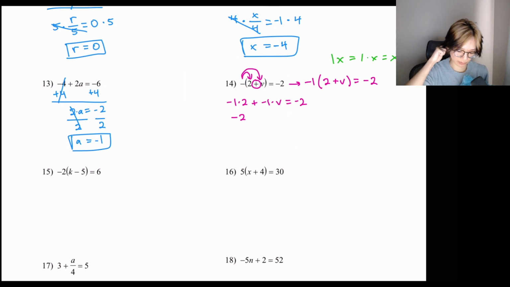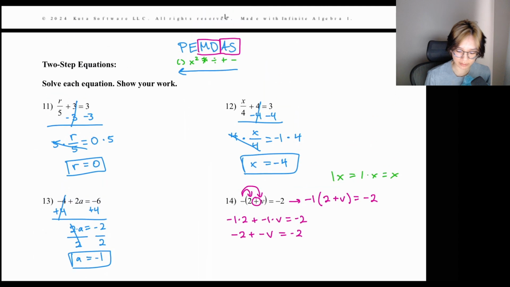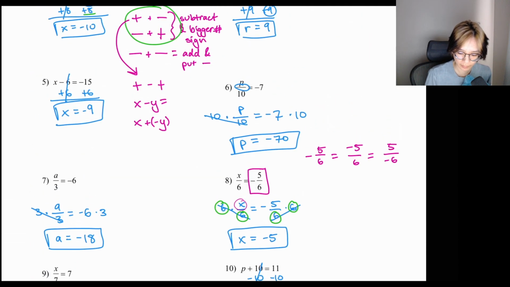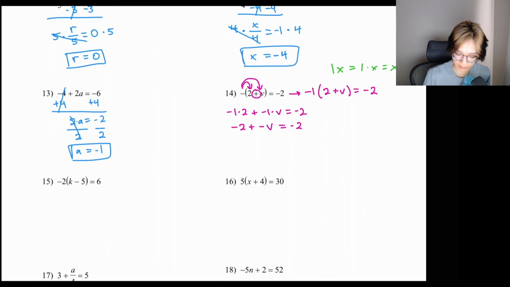And negative 1 times v, anything times 1 is itself, so it's v, and because it's both, it's negative, so you can do add negative v equals negative 2. But as I said up here, subtraction is the same thing as adding a negative. So adding a negative, if you want to make this shorter, it can be negative 2 minus v equals negative 2. Now, we know what to do from here.